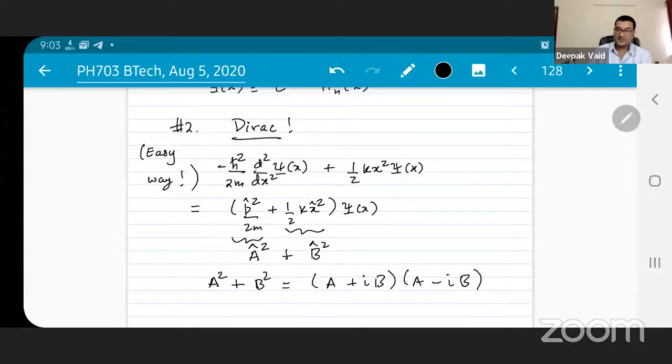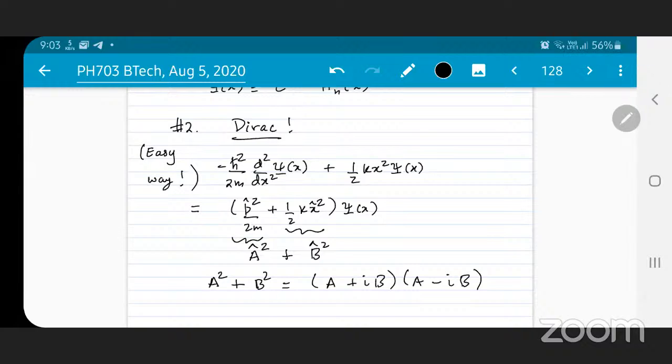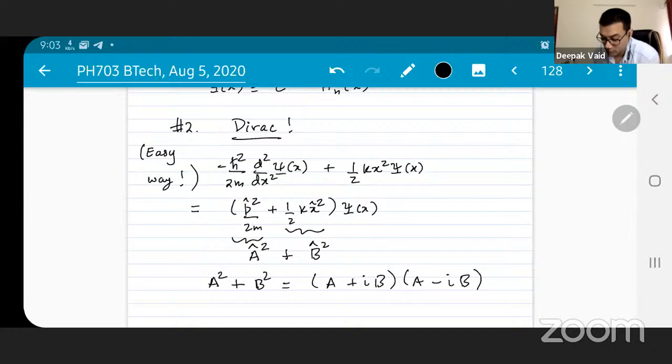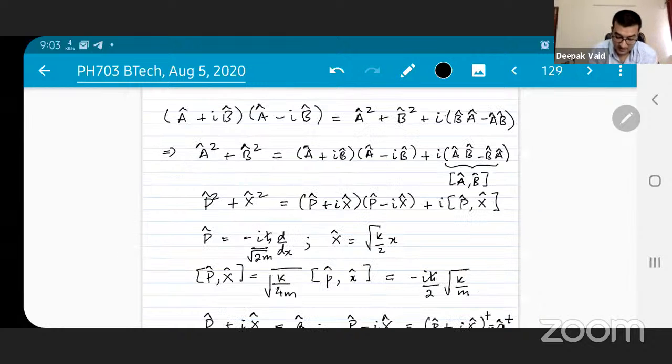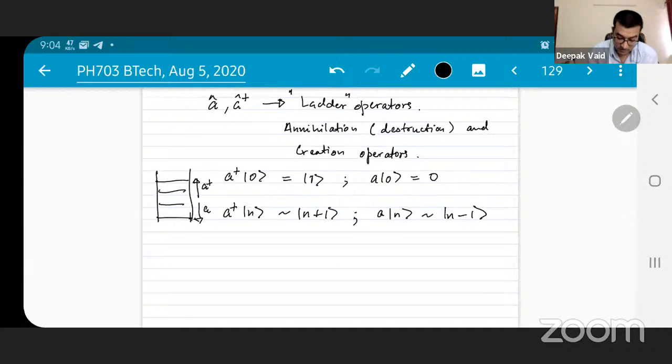No, this is the harmonic oscillator. This is what gives you the equation of motion of this. It turns out it is the equation of motion for a spring. This is the harmonic oscillator equation.